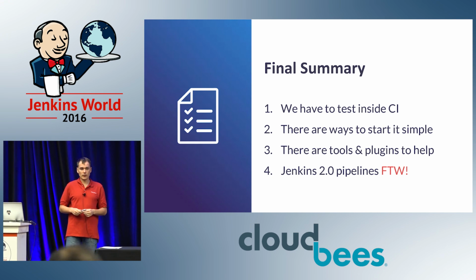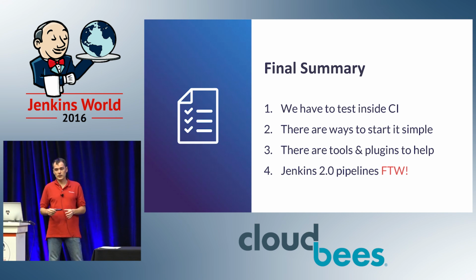So the final summary of what I was describing is we should have tests inside the CI cycle because we want to put as much work as possible off humans and leave it to machines. Machine time costs nothing, human time is priceless.